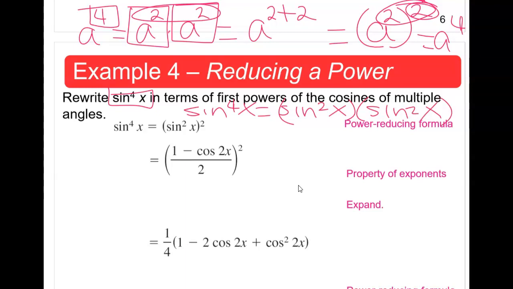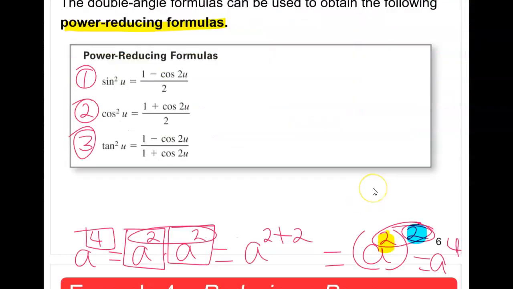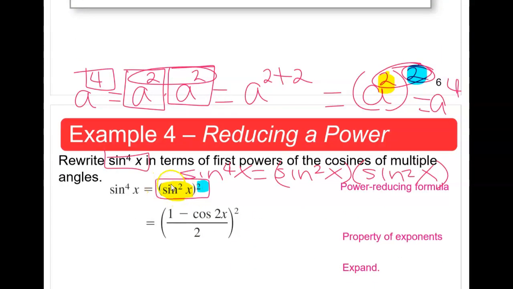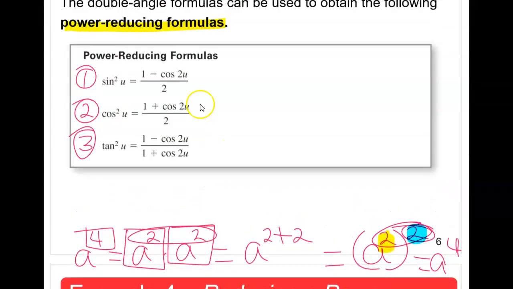And another way to represent that is by using sine square like we have here, and then squaring that, just like we did here with the example with the variable a. We will be replacing sine square x with the expression that you see here on the slide. And just to verify that that is the correct one, if we look at it here, that is the same one that we're going to be using.